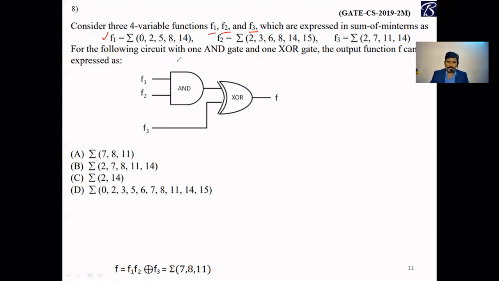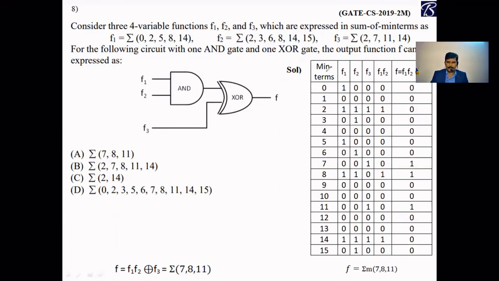For the following circuit with one AND gate and one XOR gate, the output function F can be expressed as. So F1, F2 are given to the AND gate, and F3 is given to the other terminal of the XOR gate. Now we need to find out F. There are 4 variables, that's why minterms 0 to 15 will be there.